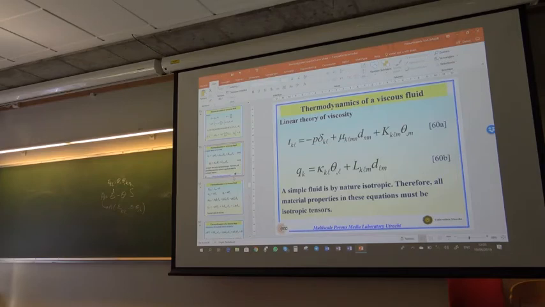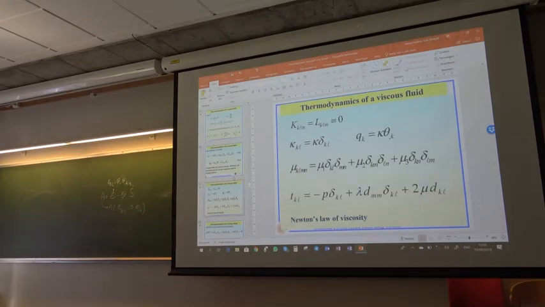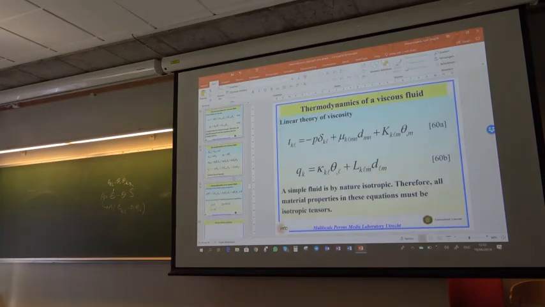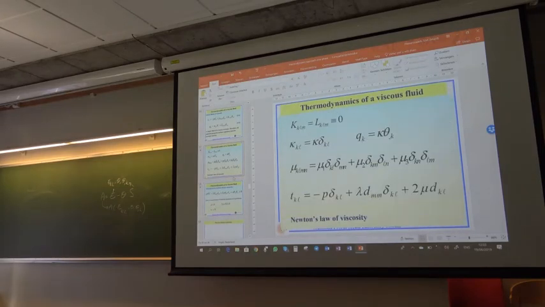The top equation condition. Yeah, that is what I would relate to the Curie principle.